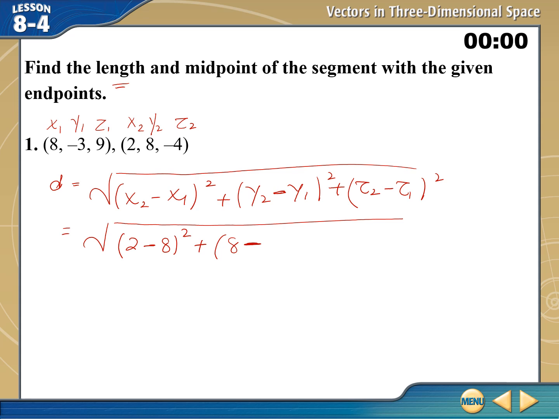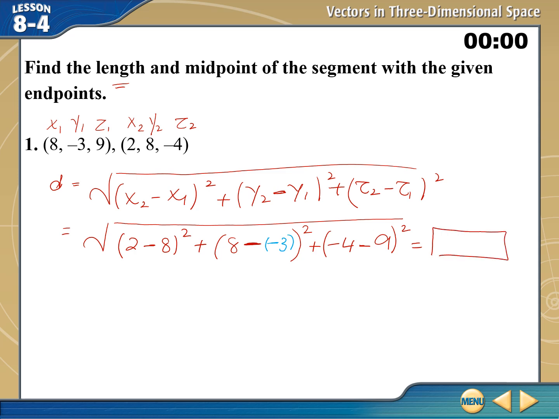You can write negative 3 in the bracket, but don't forget to close the bracket and put the power 2. Plus z2 is negative 4 minus z1 is 9 whole square. Now write this whole thing in the calculator to get your final answer.